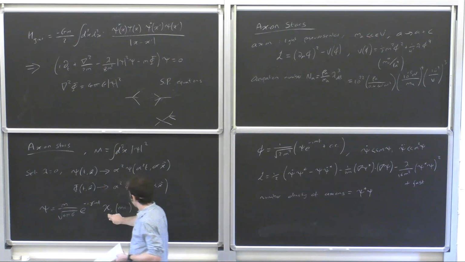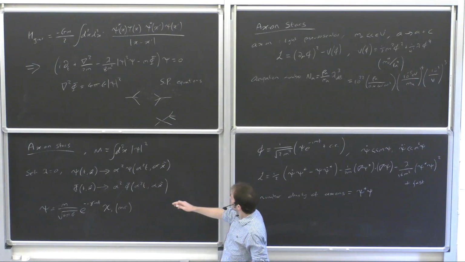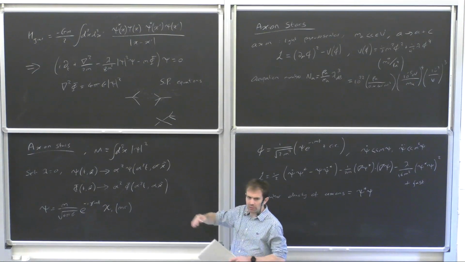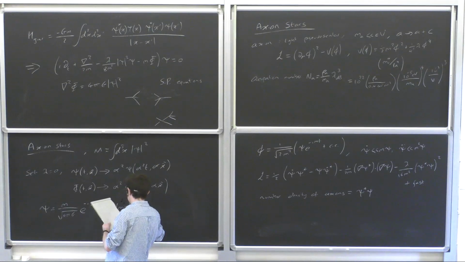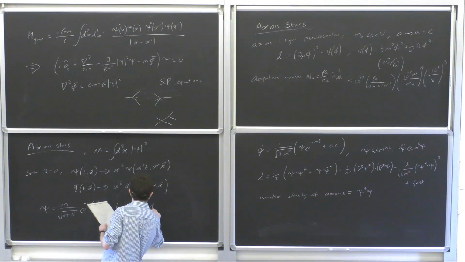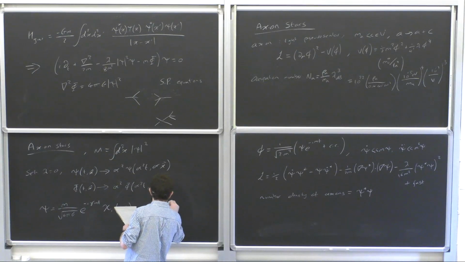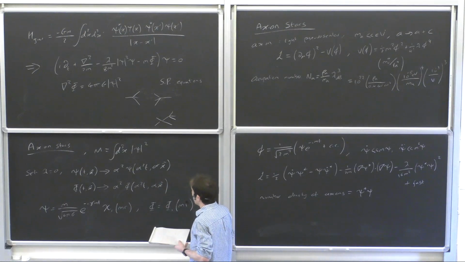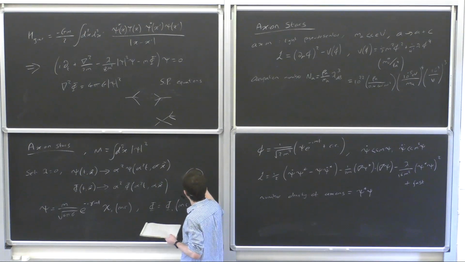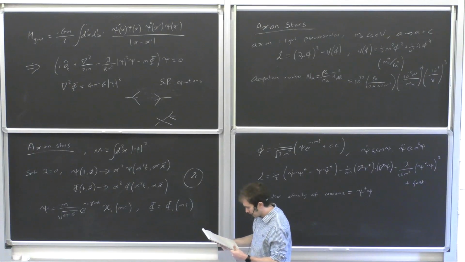To make this dimensionless function depend on a dimensionless argument, I work in terms of the distance from the center of the star multiplied by the axion mass. Similarly, I write phi equal to phi1 of mass times radius. So here, again, just like the Q ball solution, I'm thinking of r as being the distance away from the center of the object.